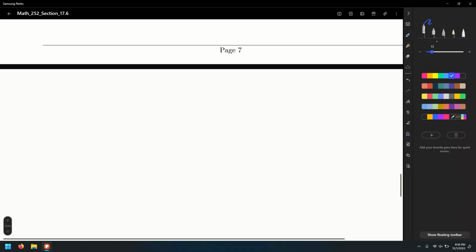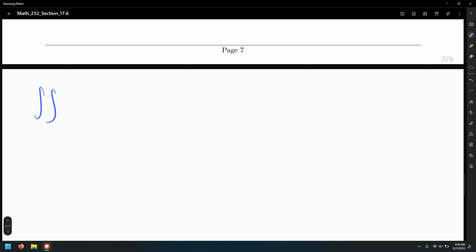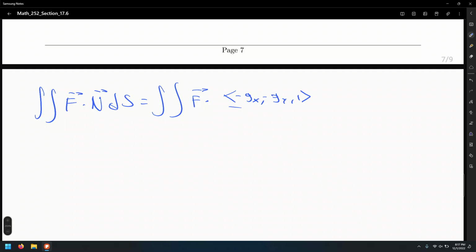So number one, this double integral, big F dotted with n dS, equals big F dotted with the normal vector, which we got to be negative g sub x, negative g sub y, 1, divided by the magnitude of this, which is the square root of g sub x squared plus g sub y squared plus 1 squared.